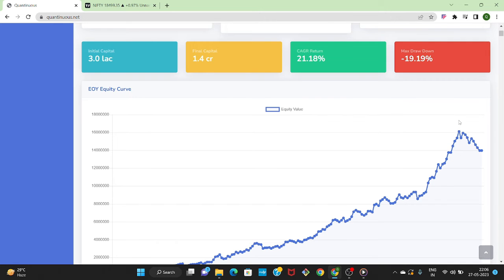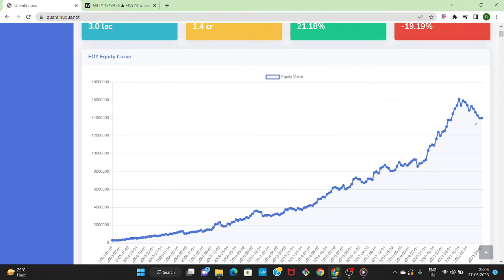This volatility and drawdown should be considered before deploying capital. Secondly, you have to rebalance your portfolio every month based on the portfolio calculated by Quantinuous. Hence, you need 15 to 30 minutes every month to rebalance your portfolio.